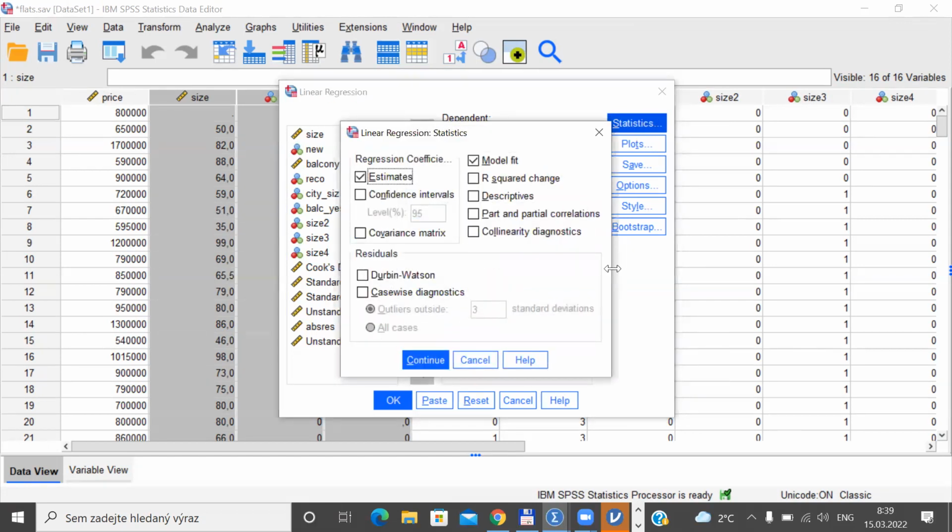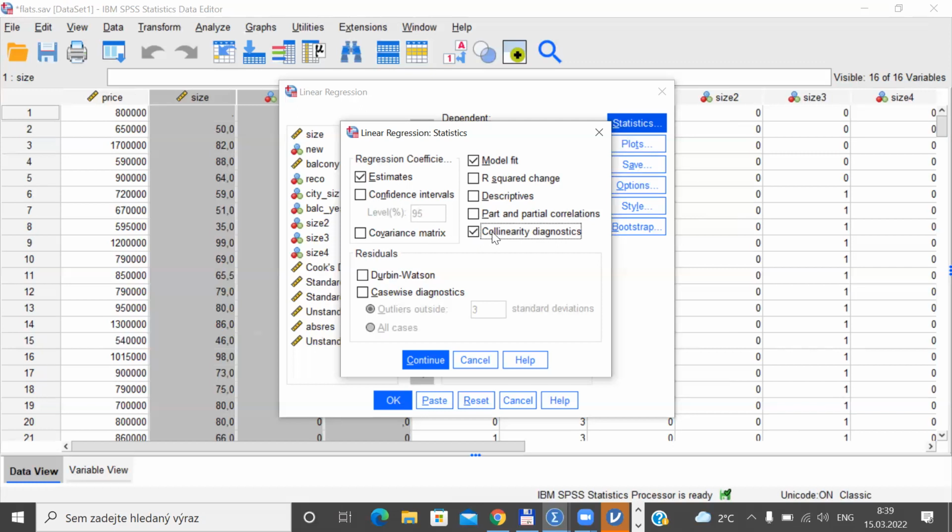And here you can see, in the dialog on the right side, the lowest one, which is called simply collinearity diagnostics. It will include VIF and also some other statistics here.